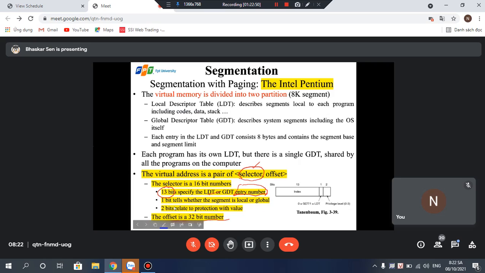Also, apart from that, some of the very basic things that we learned about how you find out the real address, in theory, not in the Intel Pentium environment, but in plain theory, how do we calculate the physical memory address from the virtual address that we get.